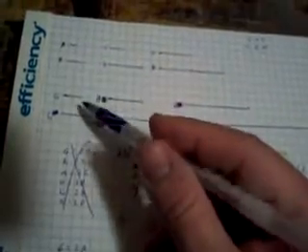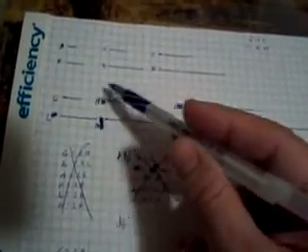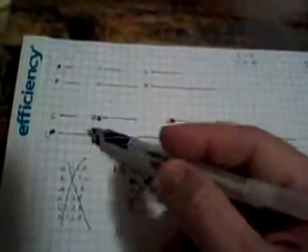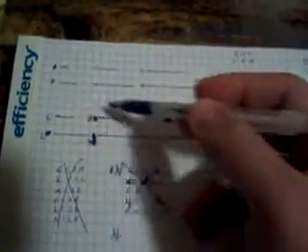So, in other words, since G is twice A, then H will also be twice C, and K will also be twice E. We can use the same reasoning for L. L is twice B, M is twice D, and N is twice F. The way it works.